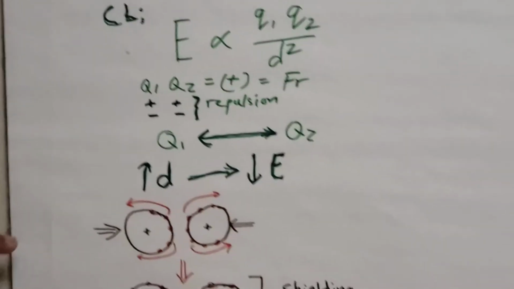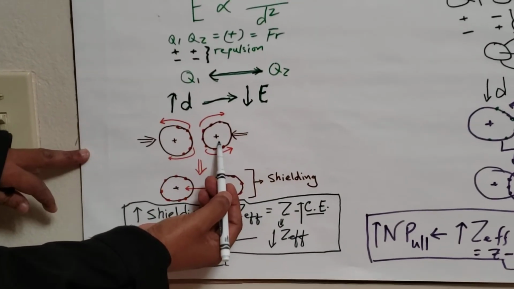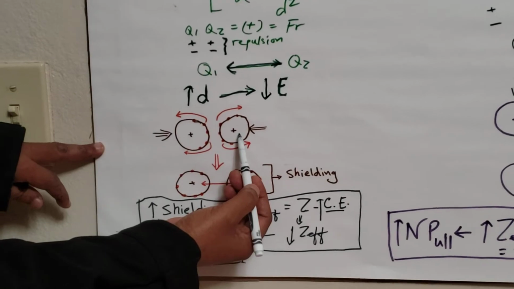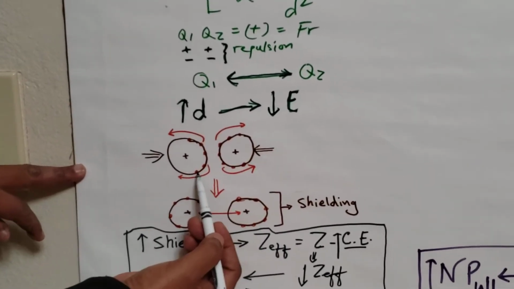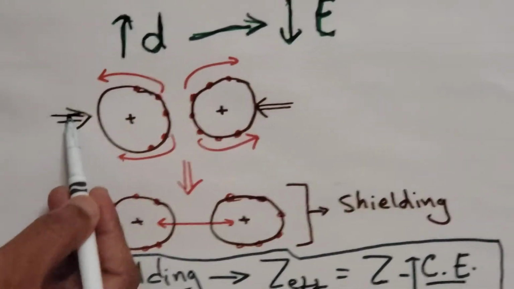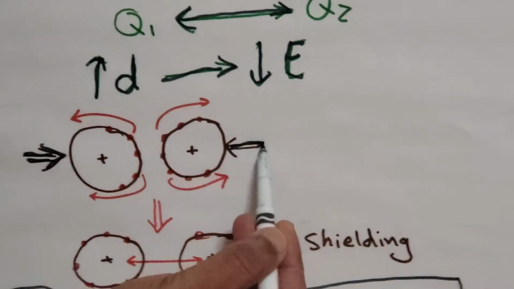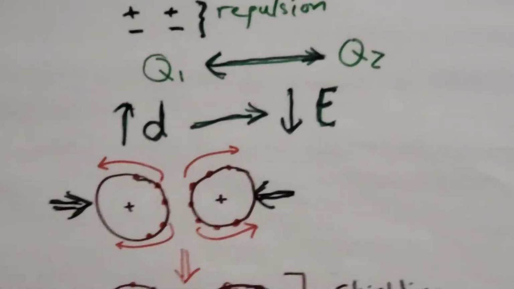So now imagine this is one positive charge, this is another positive charge. This is one atom, this is another atom, and over there you have electrons. When you push them from opposite sides to bring them together, what happens?